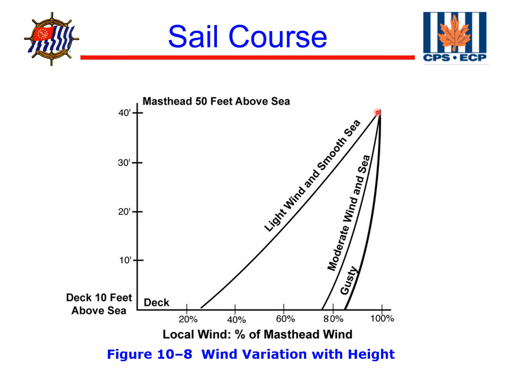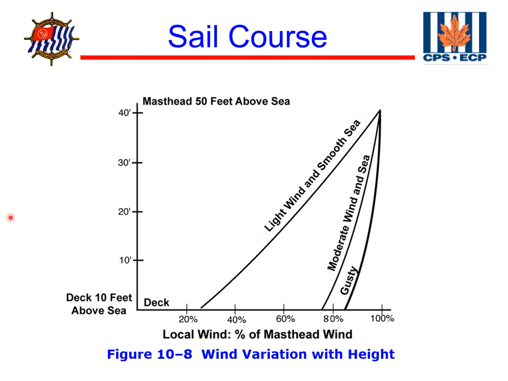So on a very light air day, the wind is reduced to 20% of the wind speed at the height of the sail. When it's a moderate day, the wind is not affected as much by the friction of the water, and so it's closer together. As the wind gets stronger, the difference between the heights of the sail is reduced.